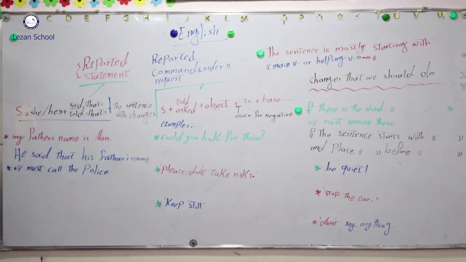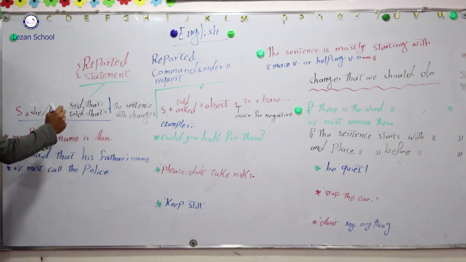His father's name. And I told you that we have to change the sentence from present into past. We have is. What is the past of is? It's was. Why? It's singular. My father's name, I have only one father. That's why I've used is.